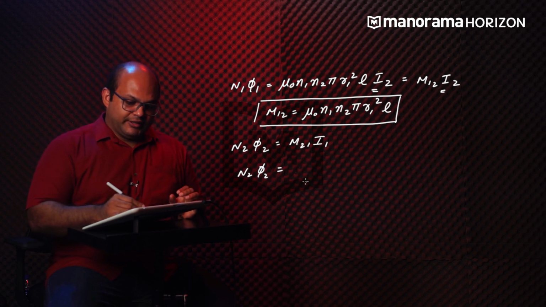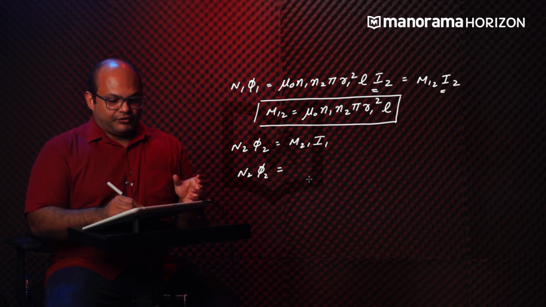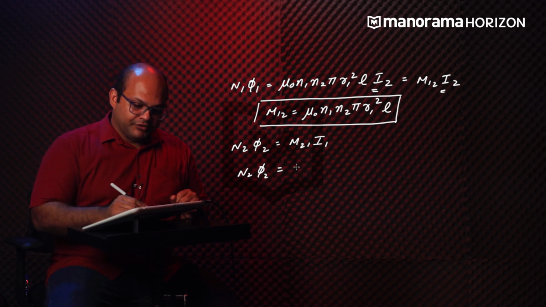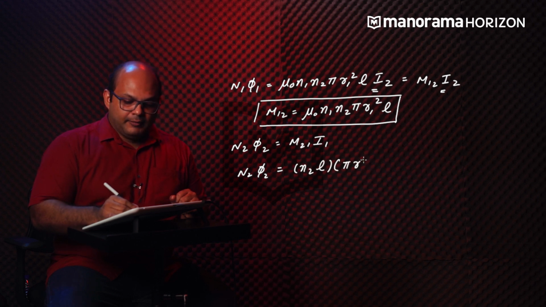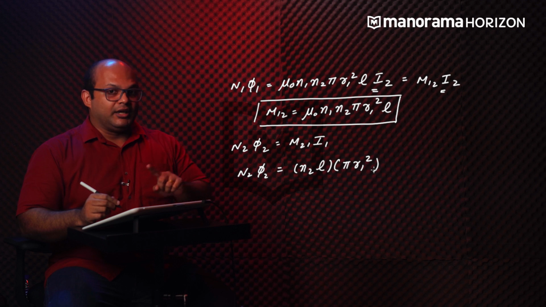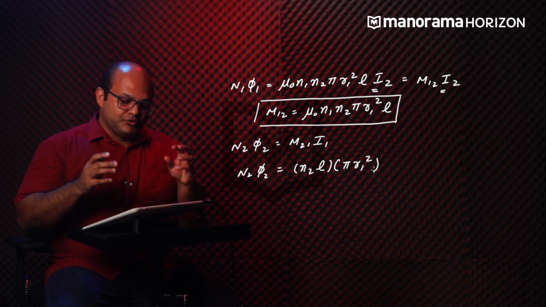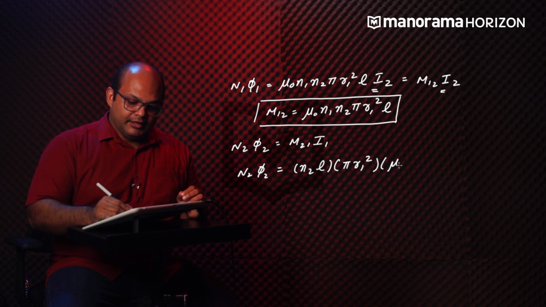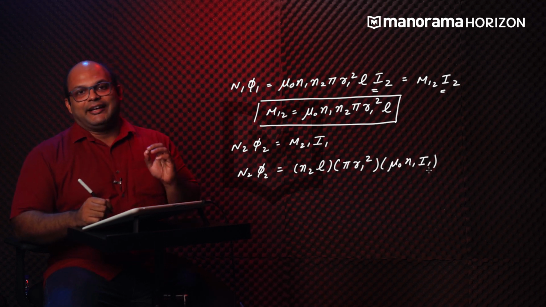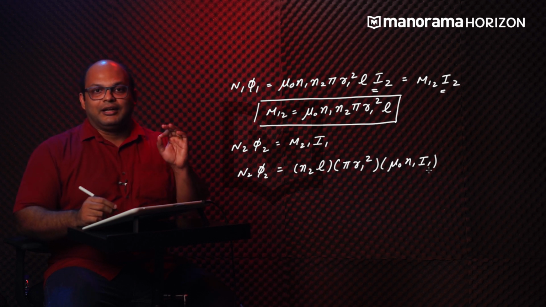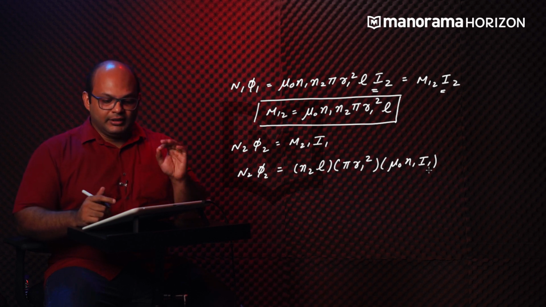So in this case, we can say that the total flux that is linking with coil S2 due to a current in coil S1 is equal to N2 L multiplied by, again, pi R1 squared, not R2 squared, because we are still considering the flux to be confined inside the smaller coil, multiplied by mu naught N1 I1. So here mu naught N1 I1 is the magnetic field strength due to the current I1 inside the inner coil S1.